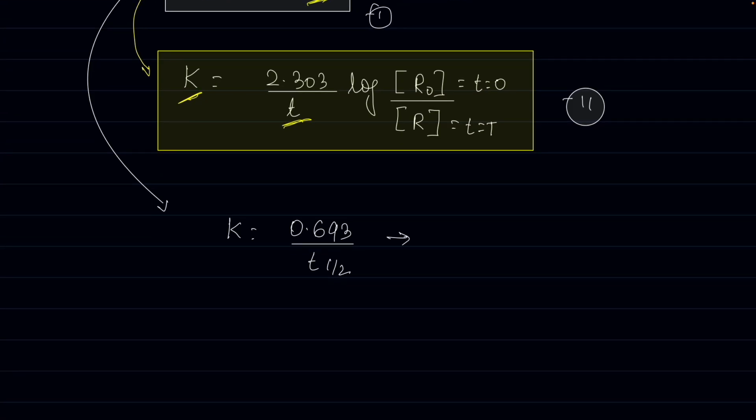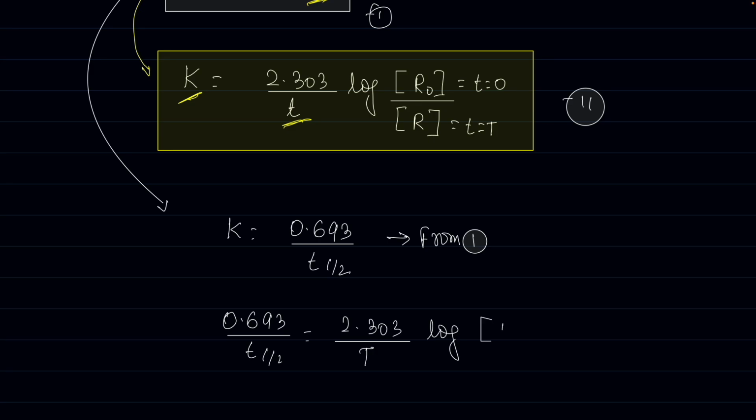So K value is 0.693 by T1/2. It is equal to 2.303 divided by time capital T, log of initial concentration R naught and final concentration 0.001 R naught.